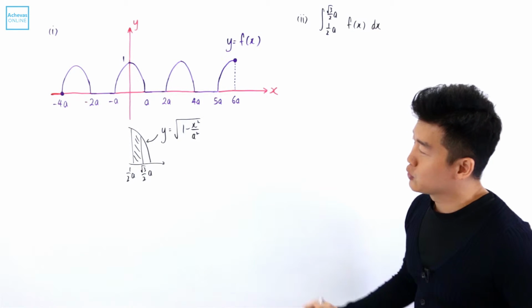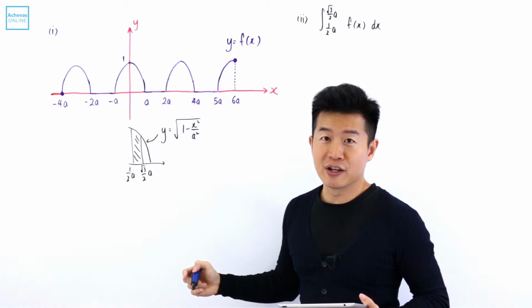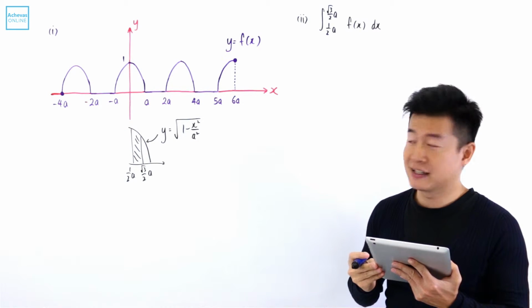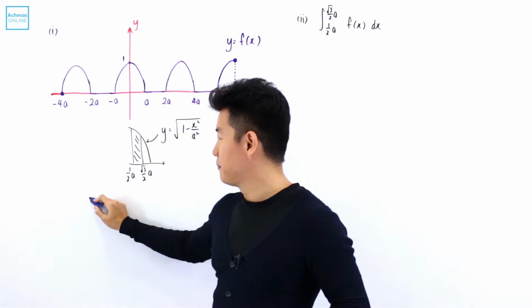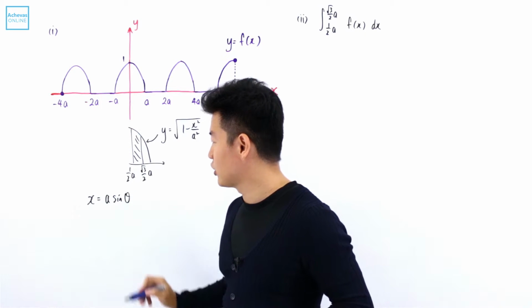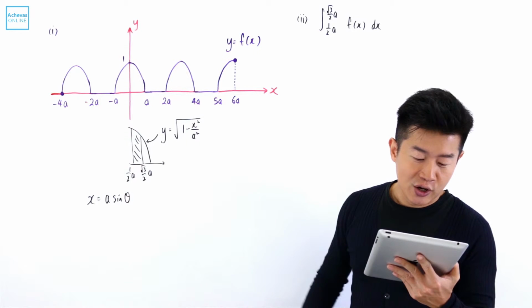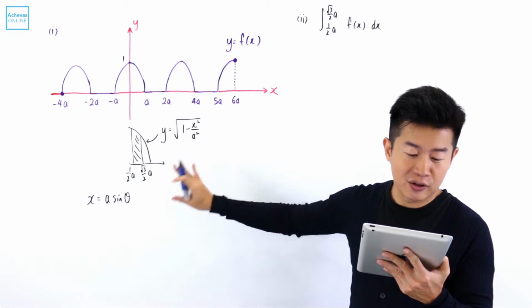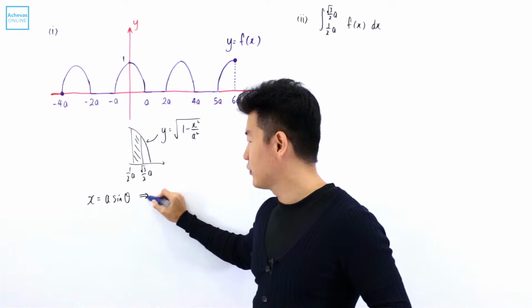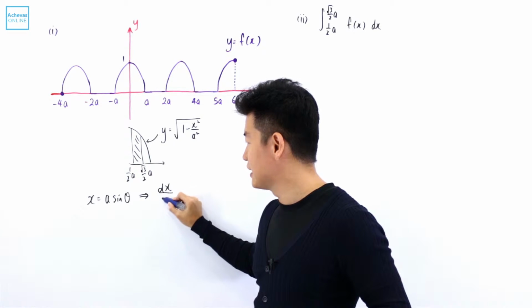So we're going to work out this area by using the substitution x equals a sine theta. According to what we have discussed in our outline, in order to integrate by making use of this substitution, I'm going to first find dx d theta.